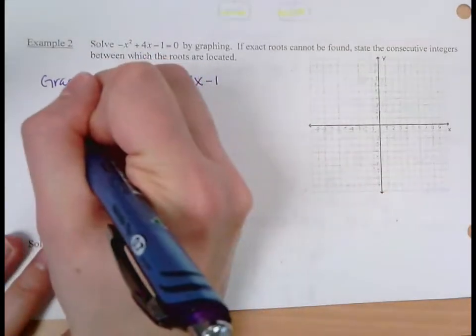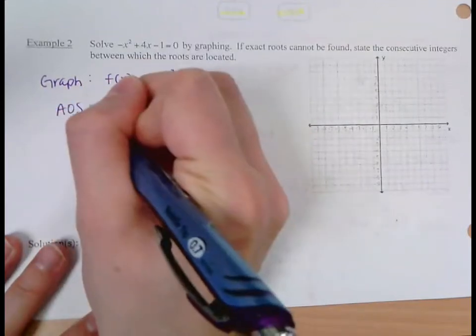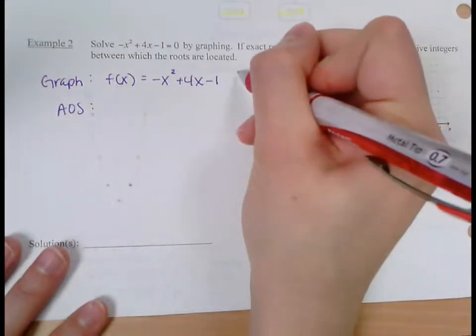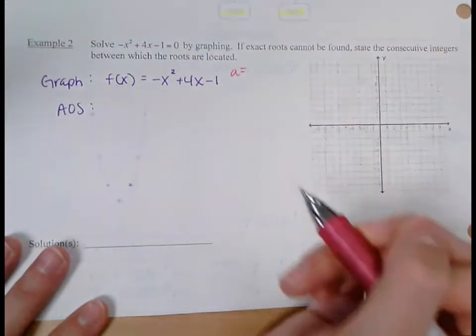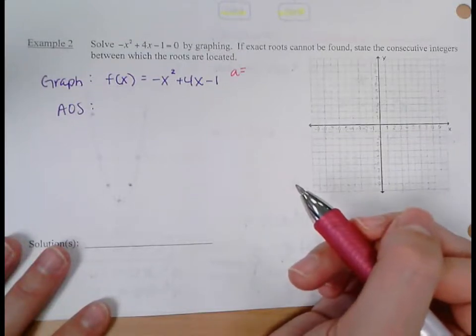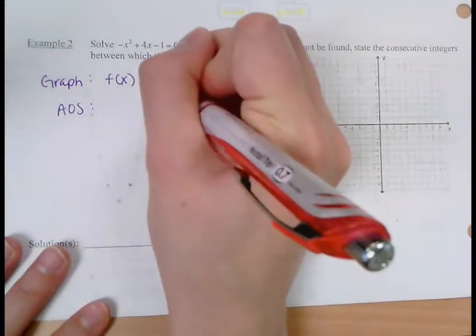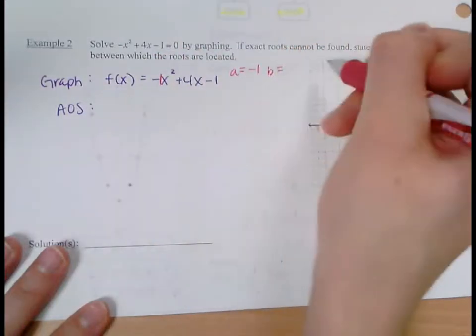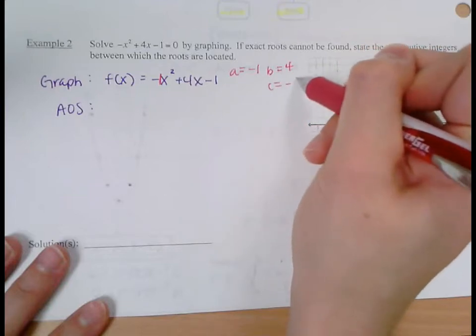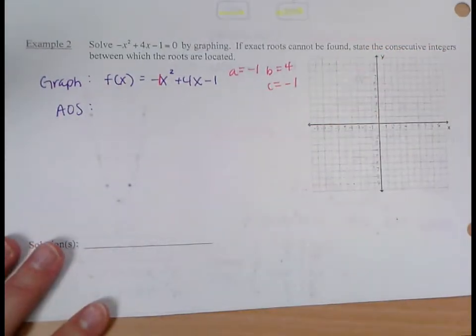And this time, let's start by finding the axis of symmetry. So for this function, what is the a value? -1, yes. And then b is 4, c is also -1.